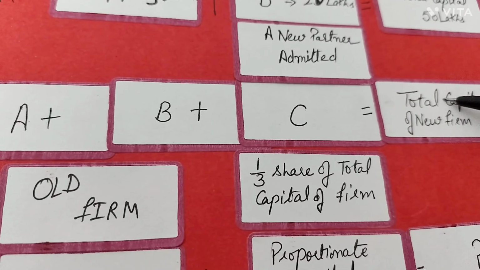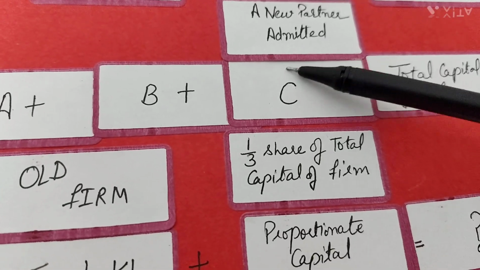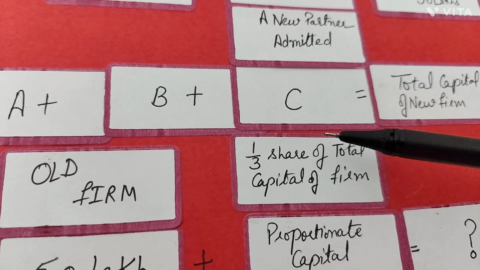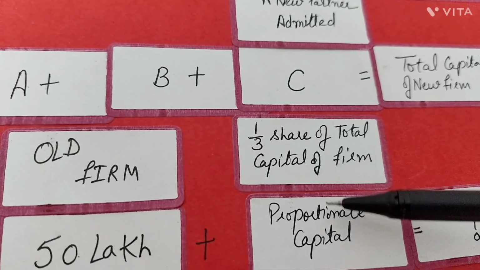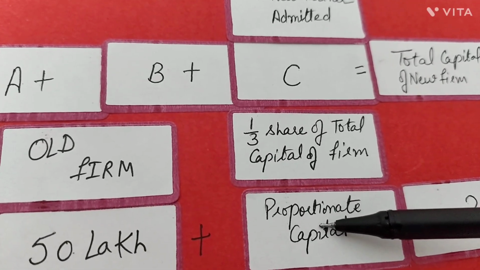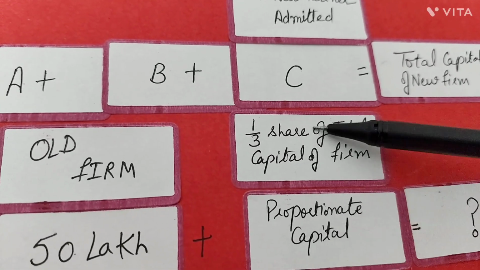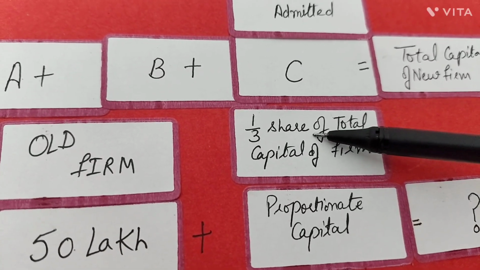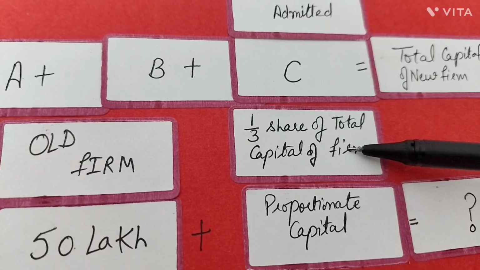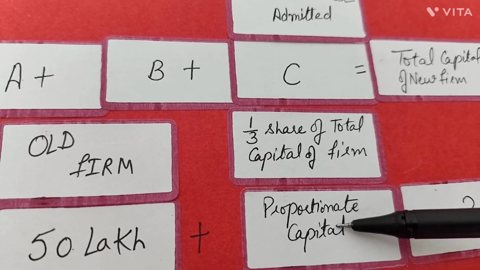So in the question you are given that this new partner who is admitted will bring 1/3 share of the total capital of the firm, or the proportionate capital. These two cases can be written over there, that he is supposed to bring 1/3 share of the total capital of the firm or proportionate capital.